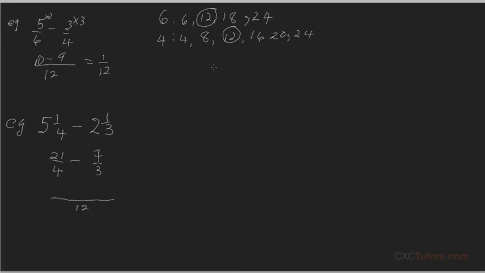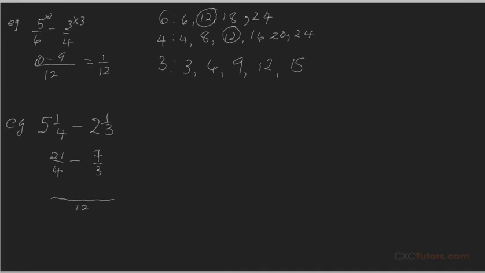Let me show you. We write out the multiples of 4, and the multiples of 3: 3, 6, 9, 12, 15. Then we compare them. We have 4, there's no 4 here. We have 8, there's no 8 here. We have 12. There is 12 right here, so this is the first of the common multiples of 4 and 3.